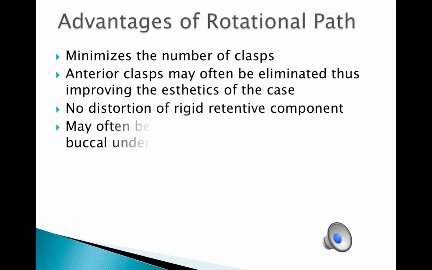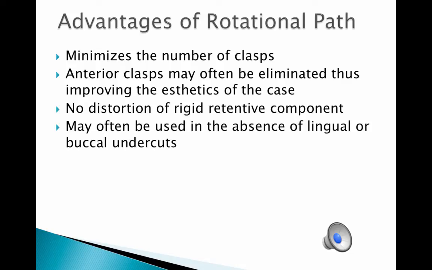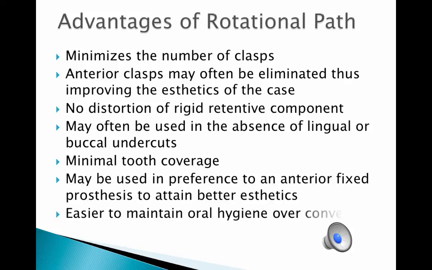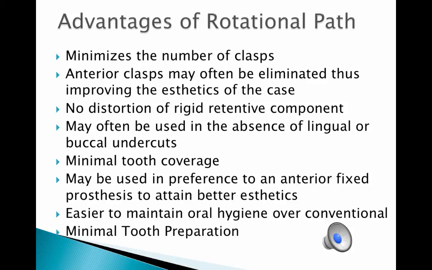It may often be used in the absence of lingual or buccal undercuts. It minimizes tooth coverage. It may be used in preference to the anterior fixed prosthesis to attain better aesthetics. It is easier to maintain oral health and hygiene over the conventional clasping system, and there's minimal tooth preparation with this.